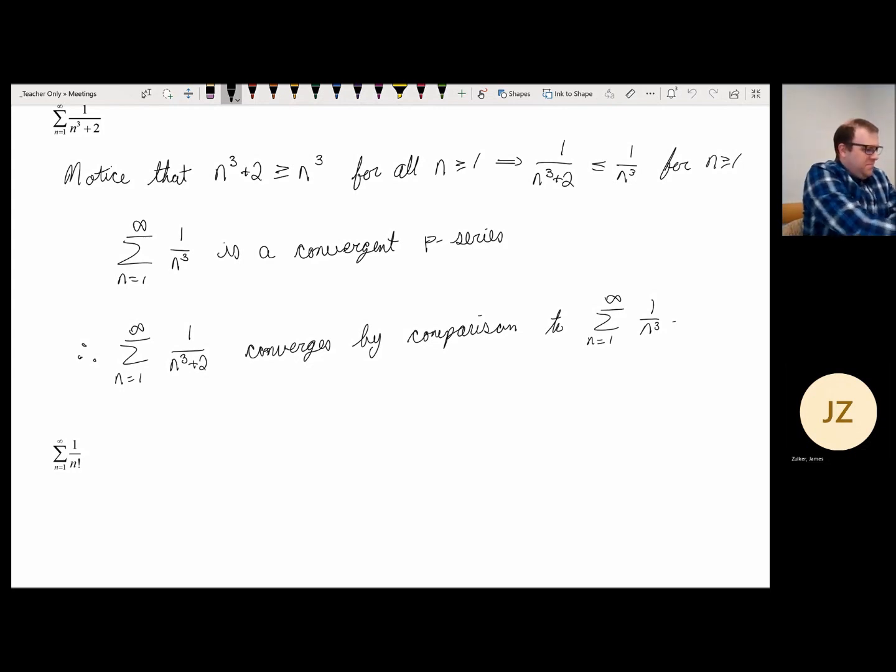Well, look at this and I go, n factorial. Definitely larger than n cubed after a certain point in n.